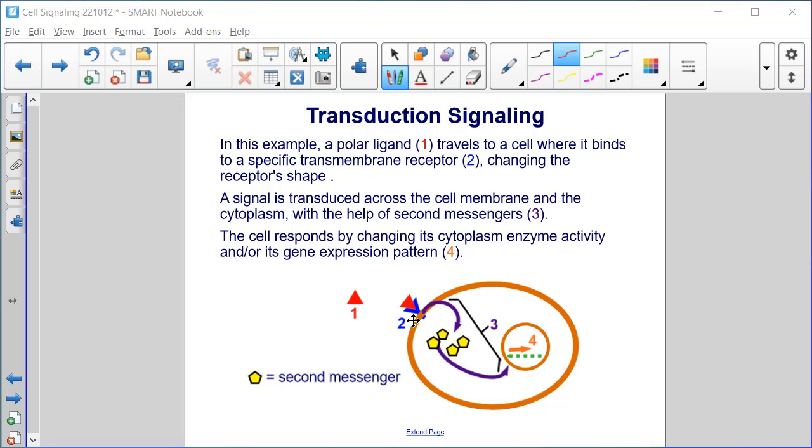A signal is transduced across the cell membrane and the cytoplasm with the help of second messengers, shown by these yellow pentagons. The cell responds by changing its cytoplasm enzyme activity and/or its gene expression pattern, indicated by 4.